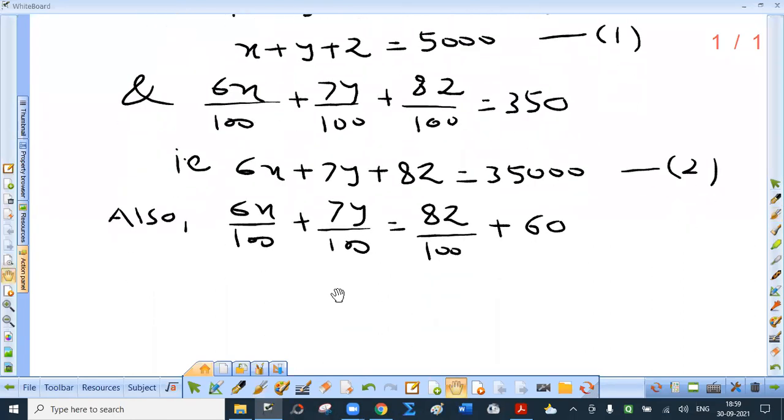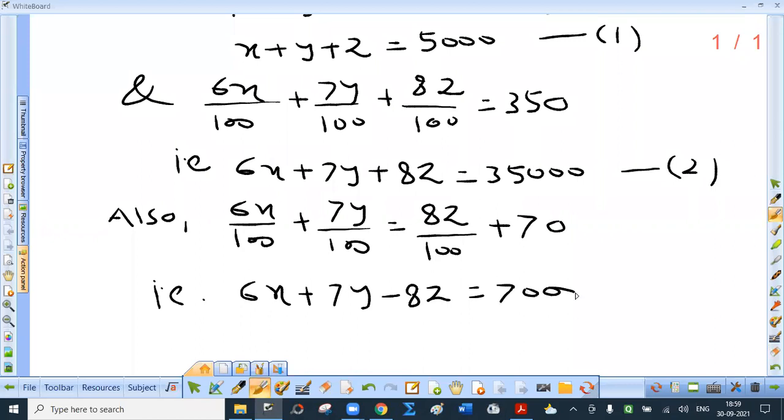See, you have to use common sense. That is why, in fact, it is difficult. 6x plus 7y minus 8z equal to 60 or 70. What is given? 70 more. I'm sorry. It is not 60. It is more by rupees 70. So 7,000.